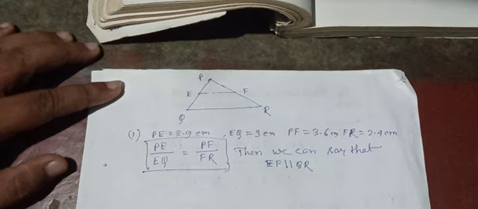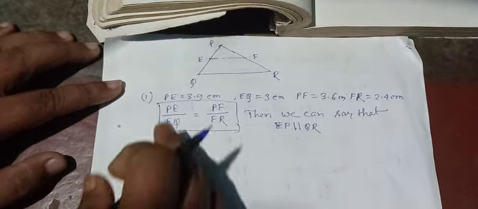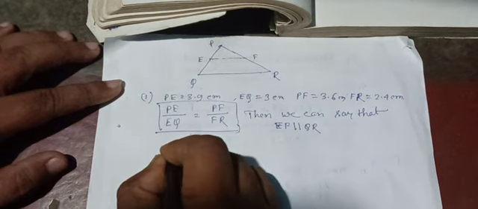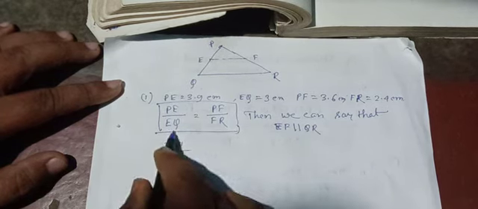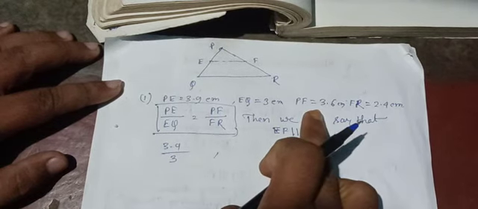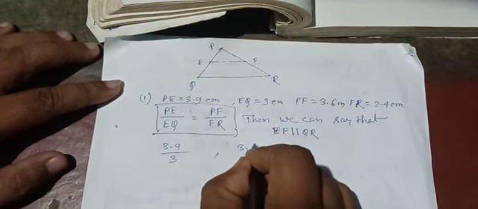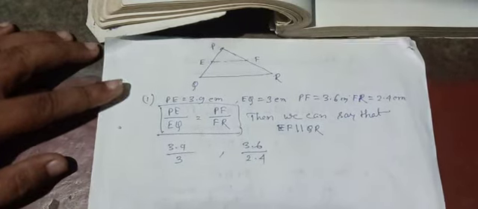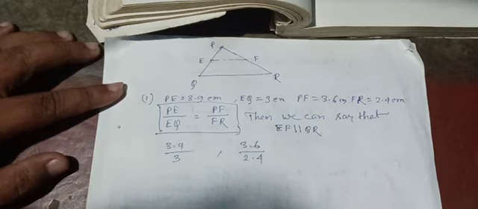Now for the first case, PE is 3.9 divided by EQ is 3, and PF is 3.6 divided by FR is 2.4.